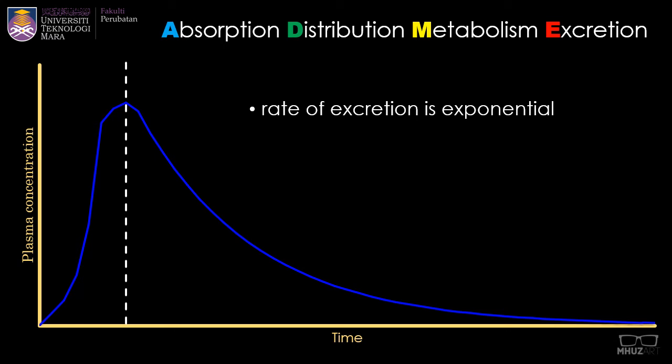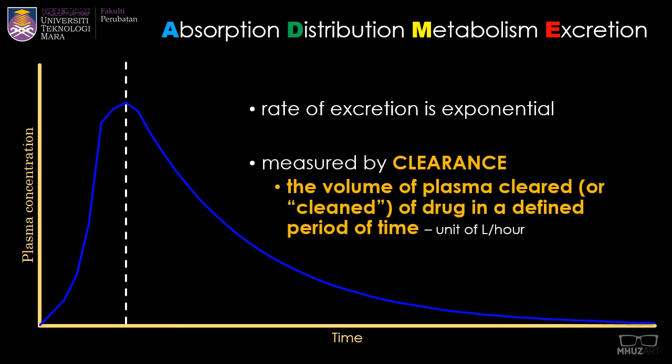So as the plasma concentration drops, it takes longer and longer for it to reach zero. The measure of the rate of excretion is a measure called clearance.